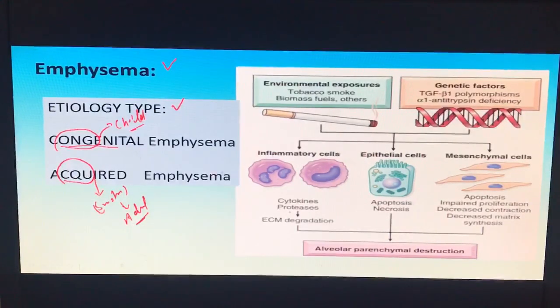What's the congenital emphysema? It's a destruction, and tobacco is not the cause here. What's the genetic cause related with congenital emphysema? We have alpha-1 antitrypsin deficiency.